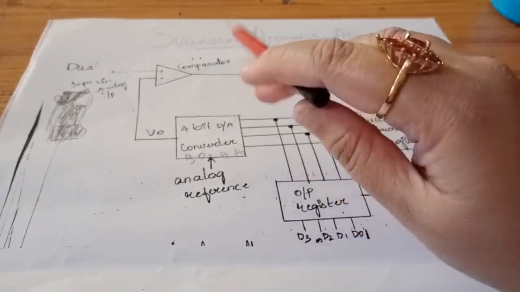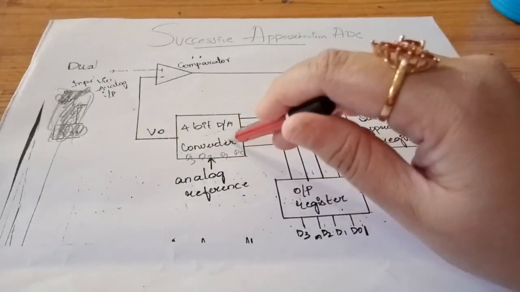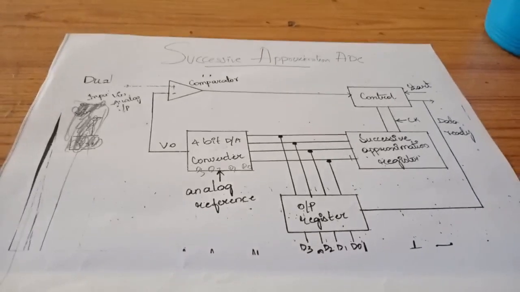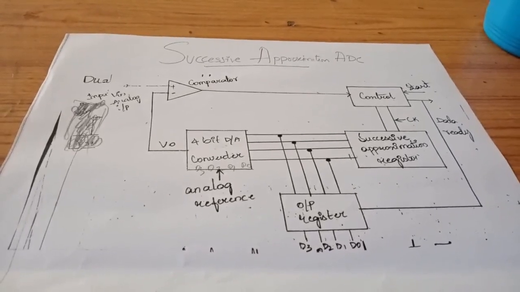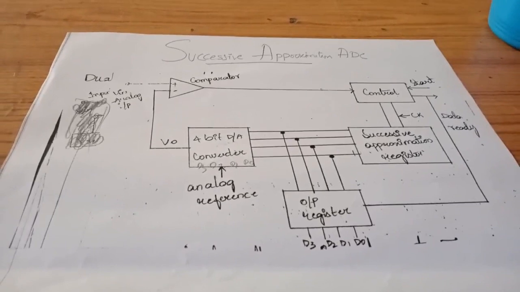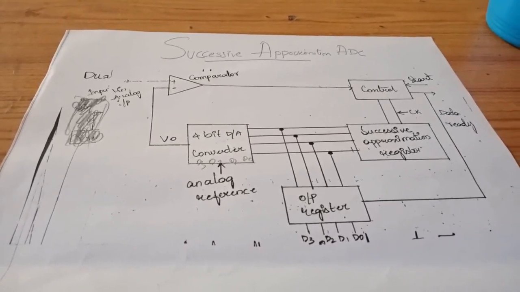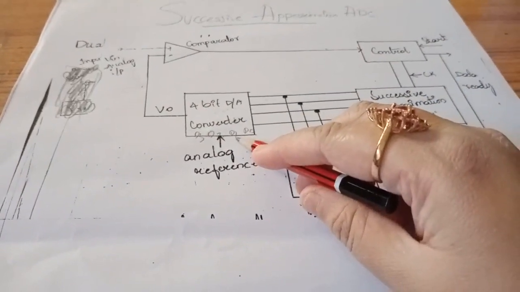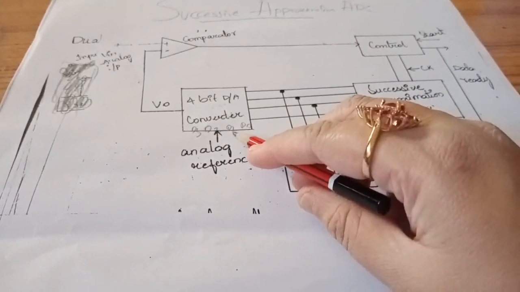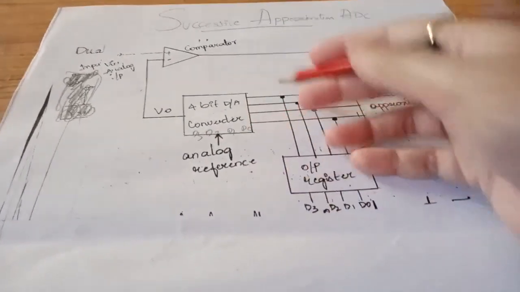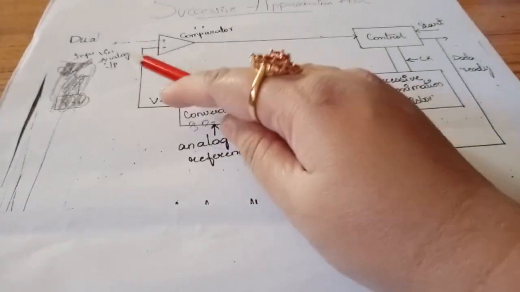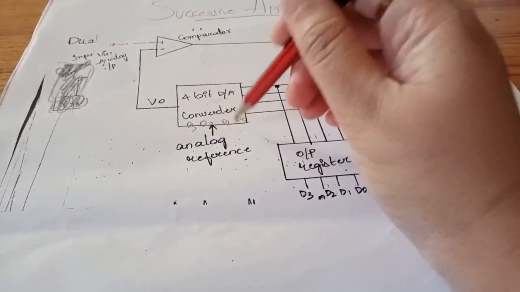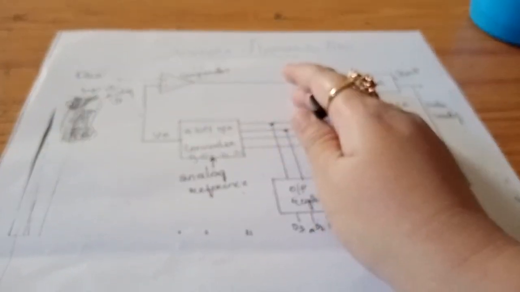Now first, in the successive approximation method, what is happening? Initially, when the D to A converter output matches the analog signal, it will match to the analog signal. If the D to A converter has an equivalent digital signal in the 4-bit D to A converter, what is the work of this successive approximation method?